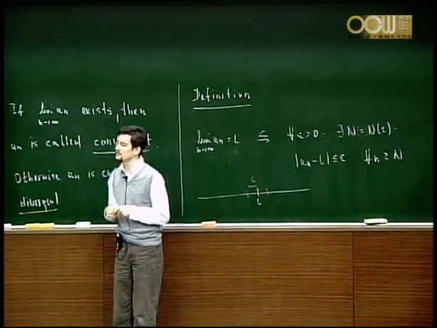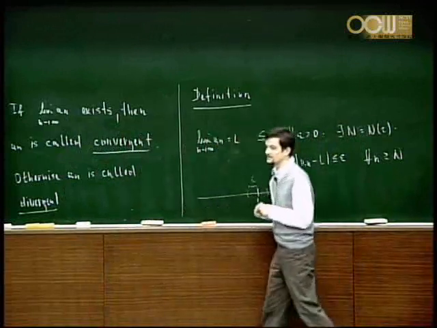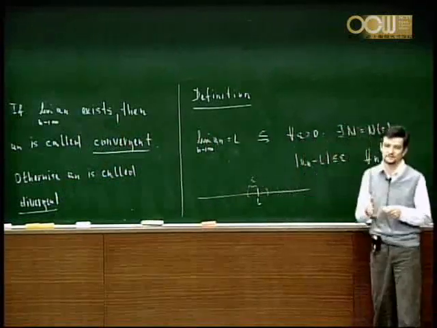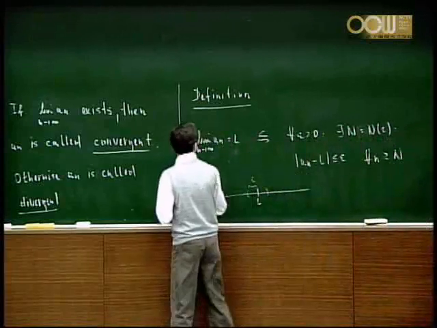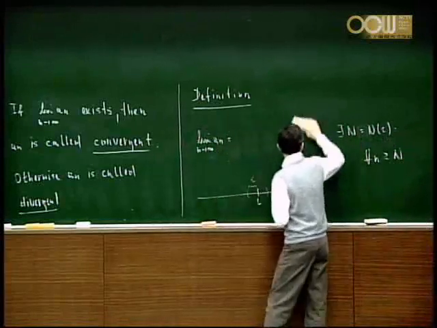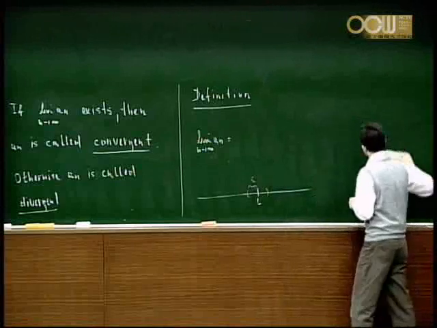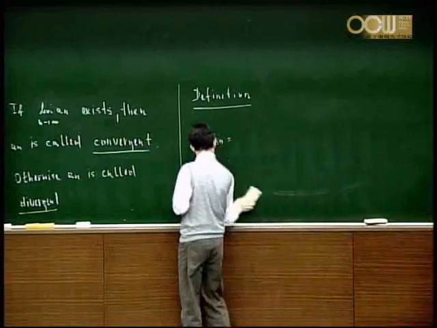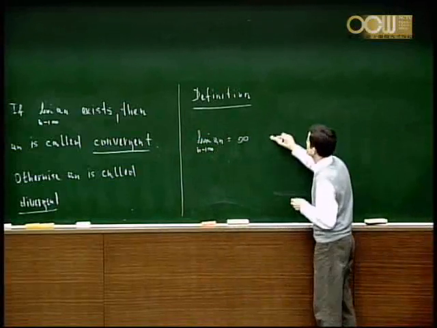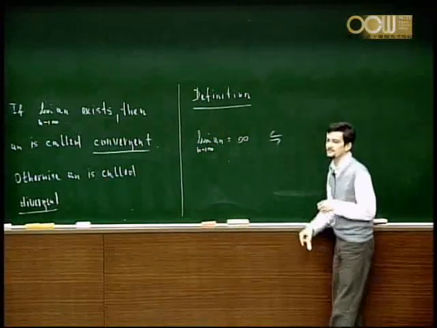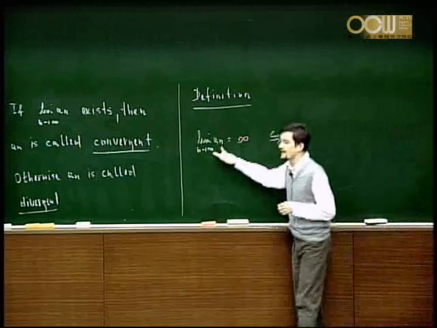And in this case, we say that the limit of a n as n tends to infinity is equal to infinity. It's just the same as for functions. So we have a similar definition for this here. So this actually means that the sequence a n is divergent.